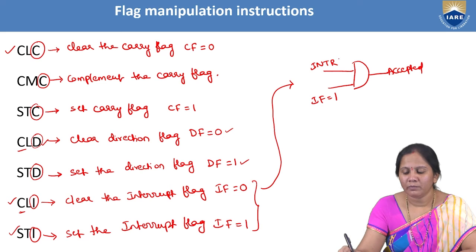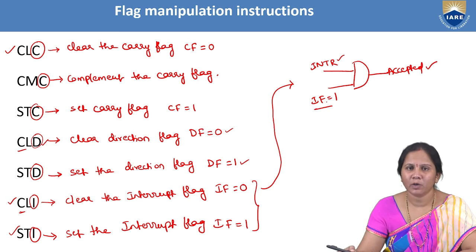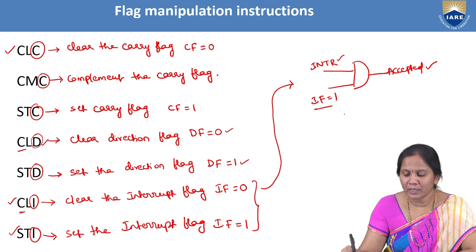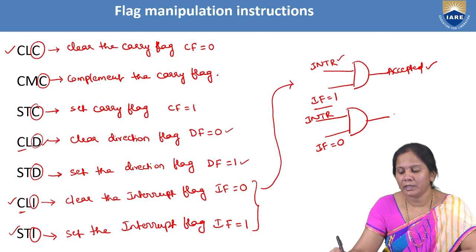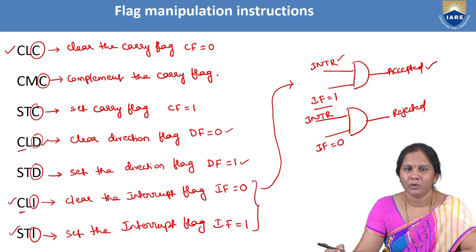In order for the processor to accept that interrupt, we should see whether the IF bit is set or not. If the interrupt flag is not set, then that particular interrupt will be rejected by the processor.